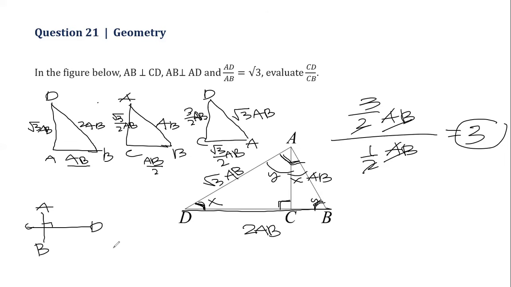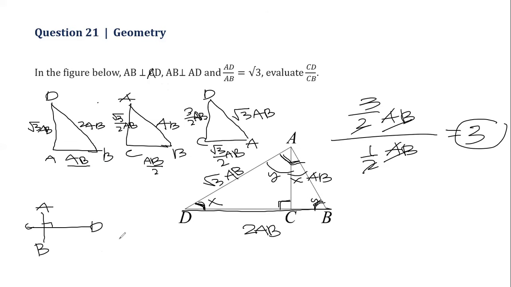So as you can see, AB, oh, but they're disconnected. I think this should be A. So the symbol means that the two lines are perpendicular.